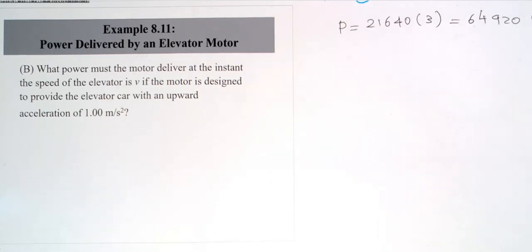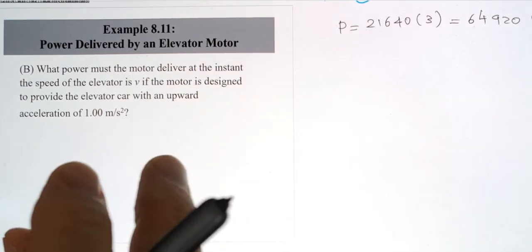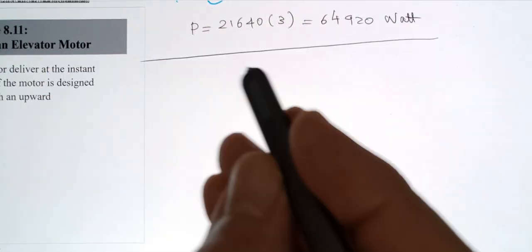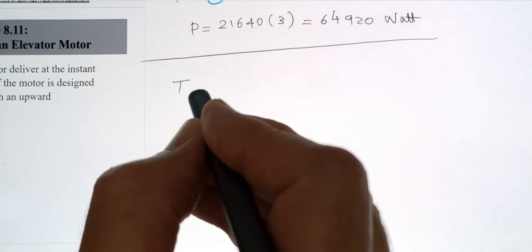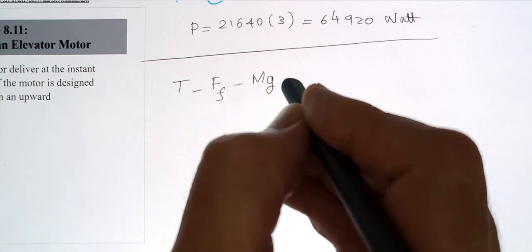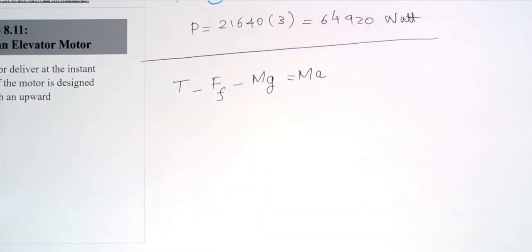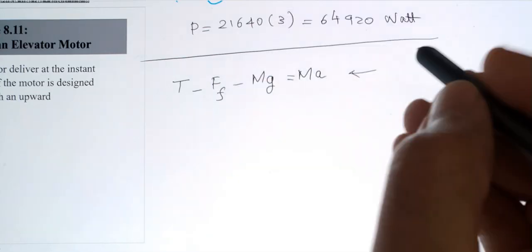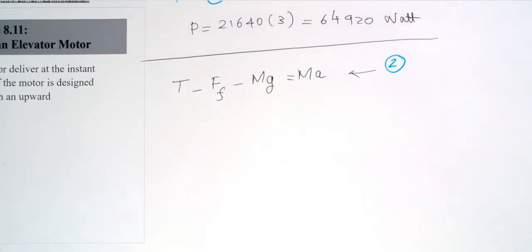B. What power must the motor deliver at the instant the speed of the elevator is v, if the motor is designed to provide the elevator car with an upward acceleration of 1 meter per second squared? Yes, now in this part we have acceleration, so the equation will be written as T minus force of friction minus mg is equal to ma. And here I will give this 2 marks and the rest 1 mark.